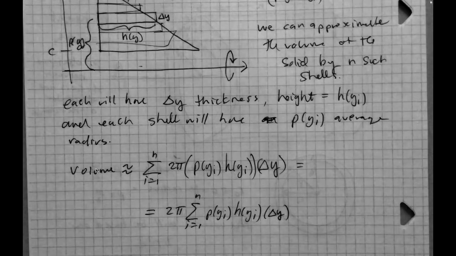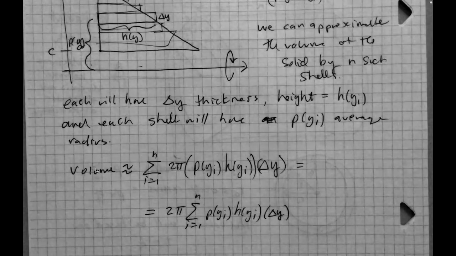Now, obviously, the more shells you have, the closer the approximation. If I have 3 shells, it's going to be a pretty bad approximation. If I have 3,000 shells, it's going to be a pretty darn good approximation. But this is calculus, so what we're interested in is what happens when the number of shells grows without bound.